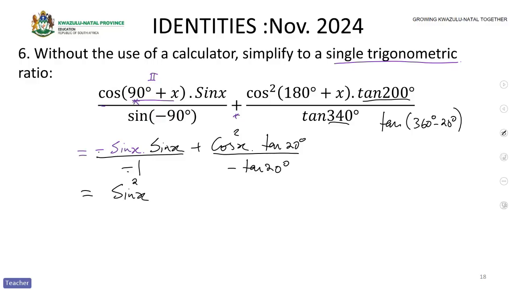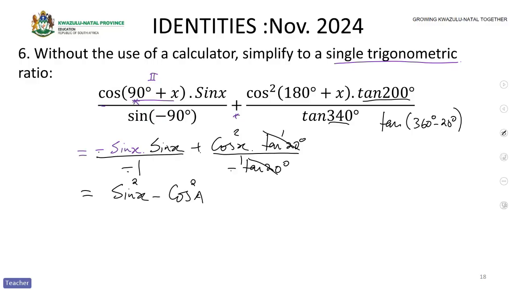Again, also here, since we have one term, this tan 20 and tan 20 can divide each other since it's one term on the left-hand side of the equal sign. Then we are left with what? Here we've got negative 1, since we have divided, and here it will be 1. So cos squared times 1 will be cos squared x. 1 divided by 1. Since cos squared is positive and this one is negative, it is going to be negative cos squared x.